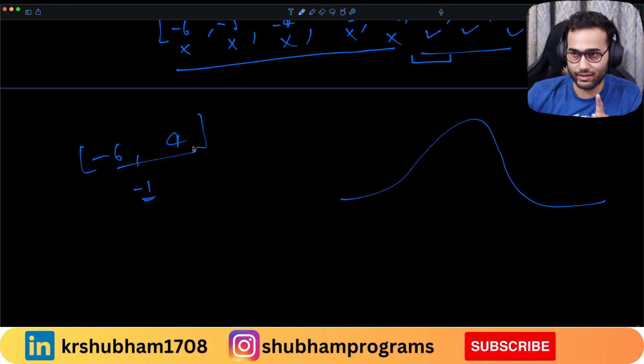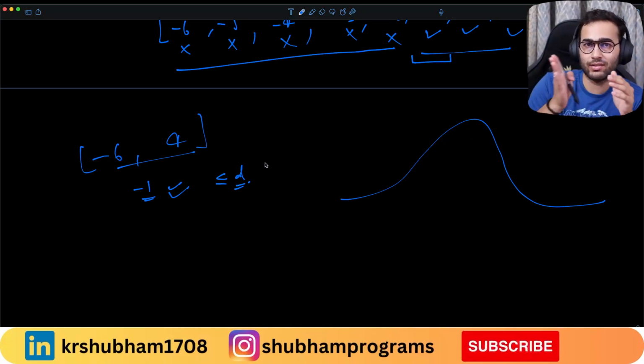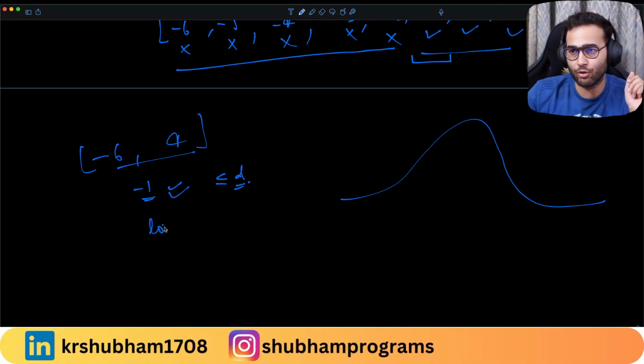We will check for -1, and let's say for -1 the condition is satisfied, that the sum is less than or equal to D. We move towards the left of -1. So we found one solution. We want to check if there's a solution further toward the leftmost side, possible or not. That will give us the lower bound.